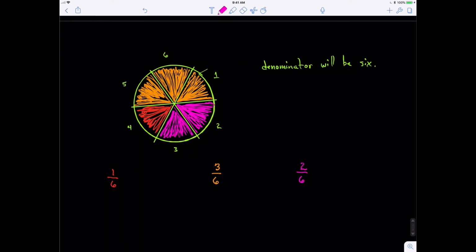Now, there's something here that I think most of us have a good idea of. And let's look at the orange. Notice that when I first drew this picture, I drew this line right here. And that diameter cut the circle into 2 pieces. But wait a minute.